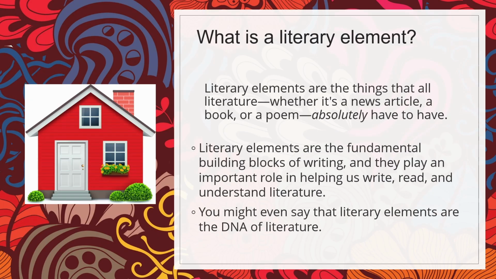Literary elements are sort of like the DNA of storytelling. Every piece of literature, whether it's a novel, a poem, a play, or a short story, will have the literary elements. They help us to understand what we're reading and give writers the tools to shape meaning.